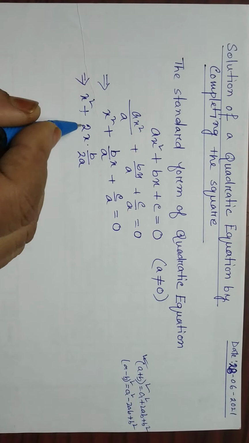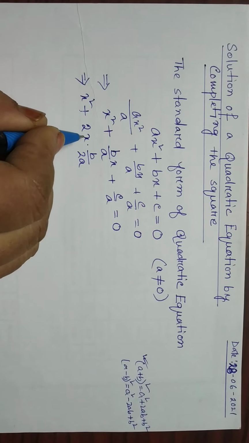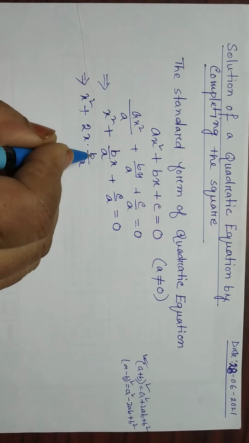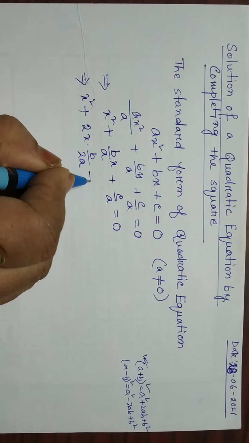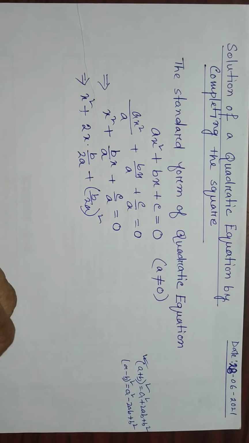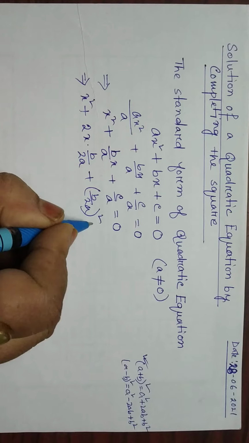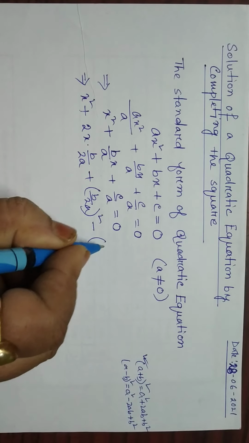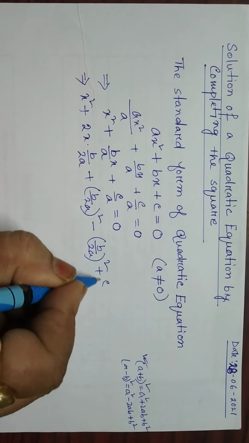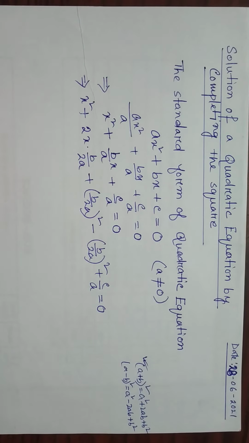Now in twice ab, b will be b by twice a. That's right, b square means b by twice a whole square we write. Now this is extra, that's why we have to subtract b by twice a whole square, plus c by a equal to 0. Do you understand this one?